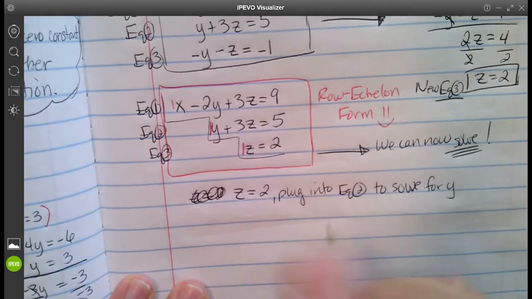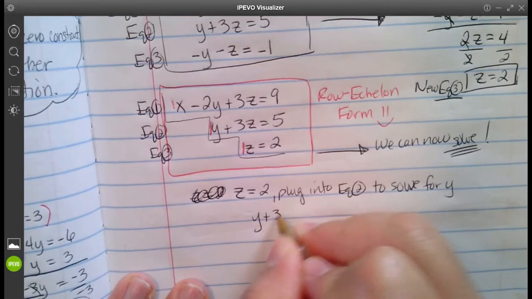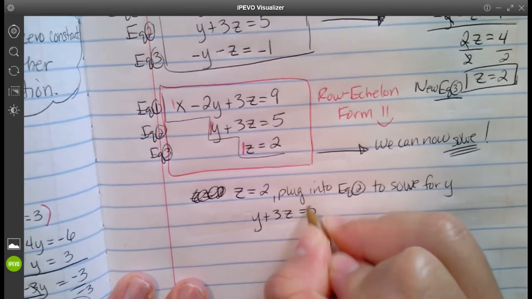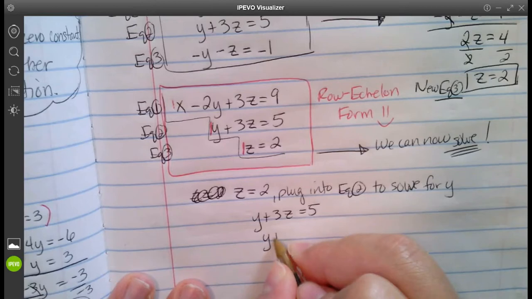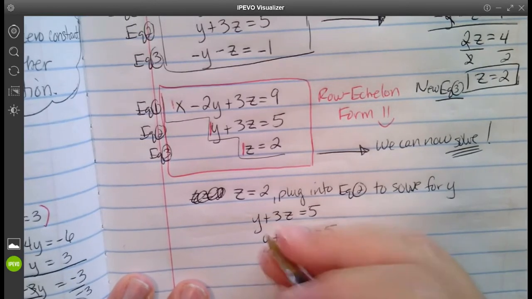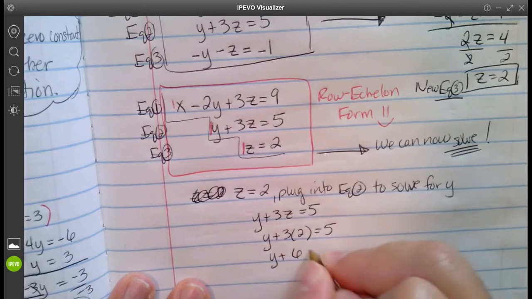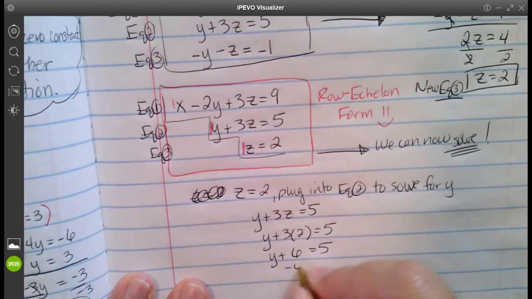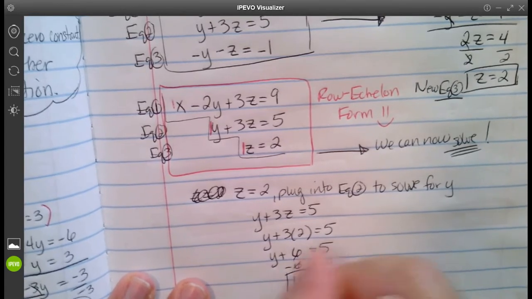Okay, so here's equation 2. y plus 3z equals 5. So y plus 3 times 2 equals 5. 3 times 2 is 6. Subtract 6 from both sides. So y is equal to -1.